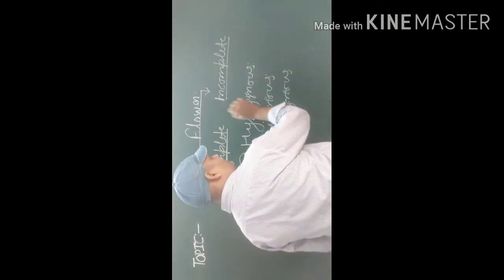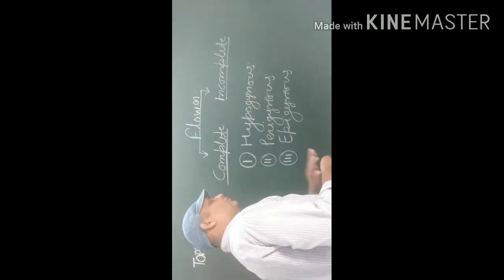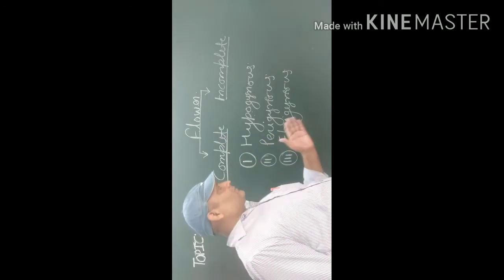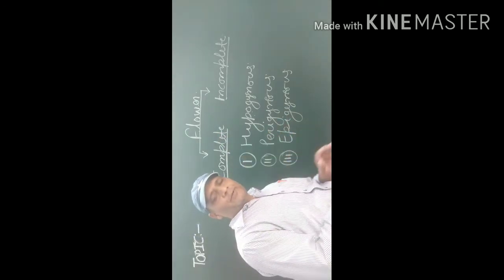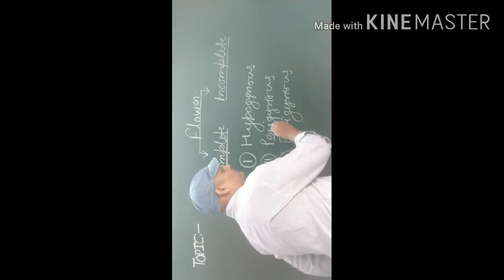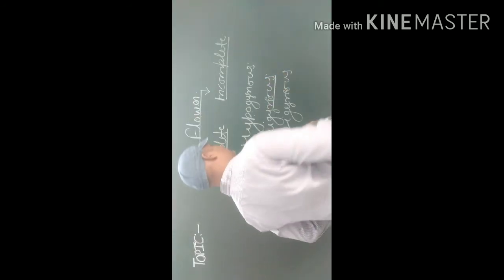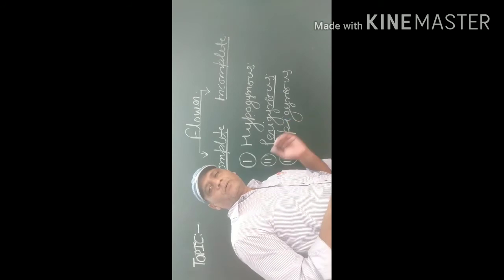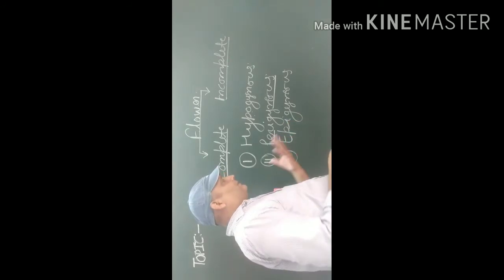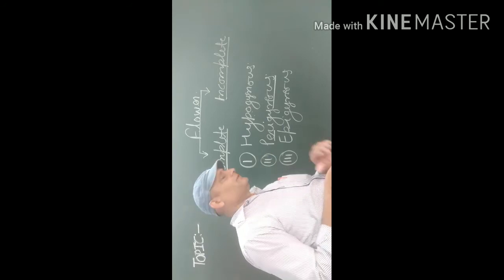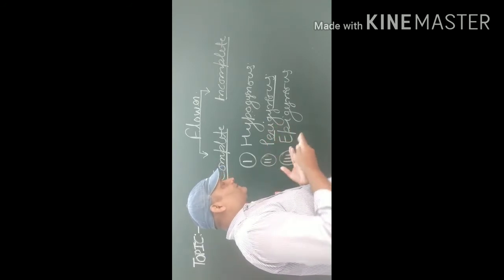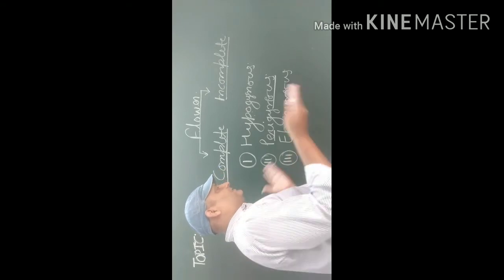Hypogynous: in this type of flower, the ovary is present at the top and the other flower parts are present below, for example mustard. Perigynous: in this, the thalamus forms a cup-like structure in which the ovary is present in the middle and the other flower parts arise on its rim.